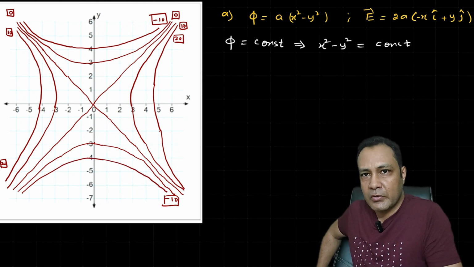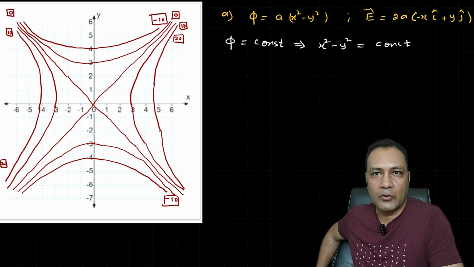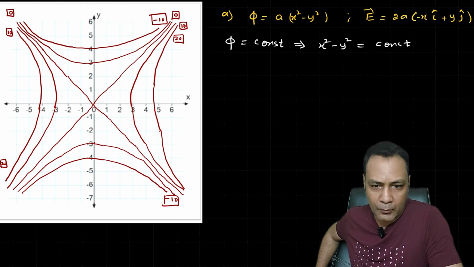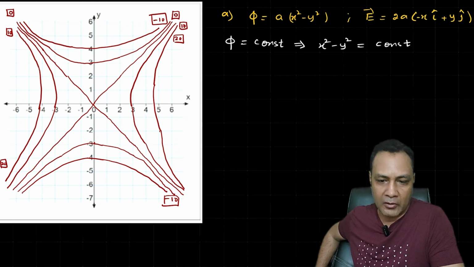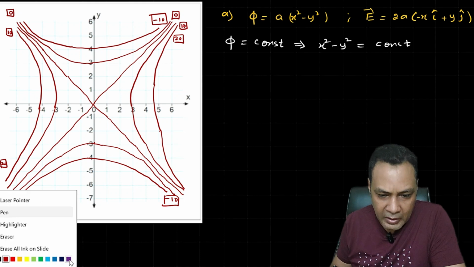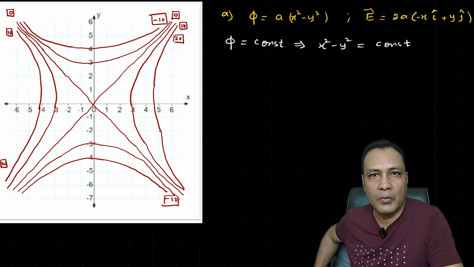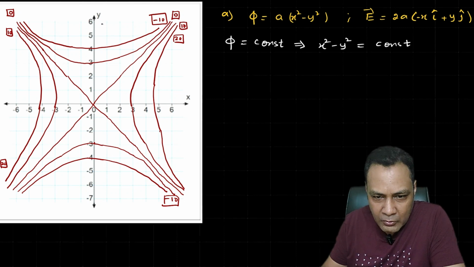EPS means equipotential, and we know that the electric lines of force are perpendicular to EPS. So I can plot, using this EPS, the electric lines of force. I can start drawing the ELOF, electric lines of force, say from here. A line that is perpendicular to EPS, so the approximate shape would be something like this.